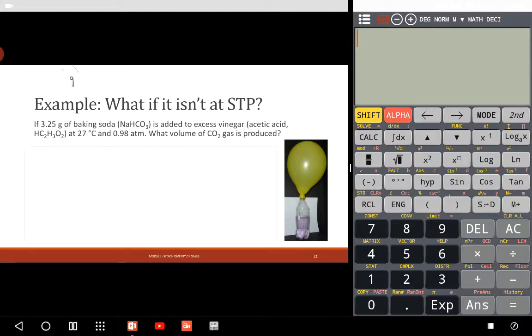Let's start by writing a balanced chemical equation for this process. So we have baking soda added to acetic acid, and that's going to produce sodium acetate.